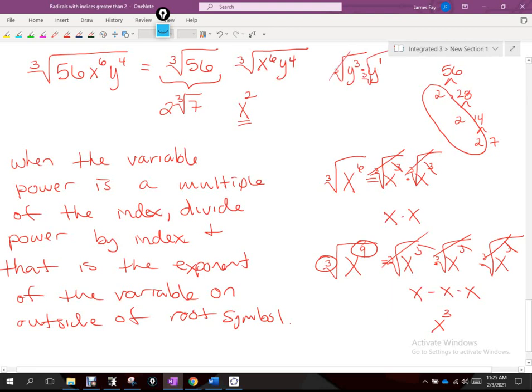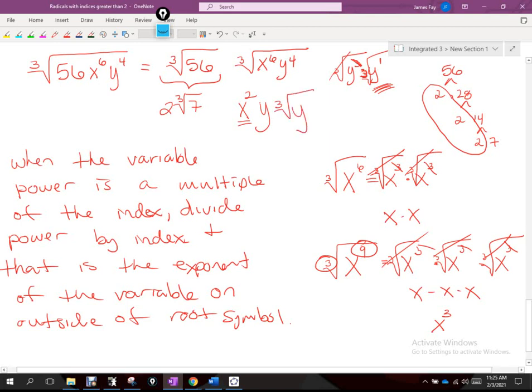What happens with the root and the power? Cancel. Guys, I hope a lot of us are paying attention now and not trying to do our homework because it's not going to make sense later. Those cancel, leave me y. Now this y to the first here does not cancel with that cube root, so that stays underneath.